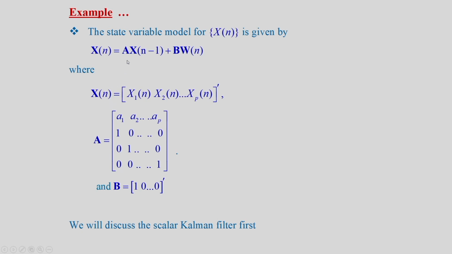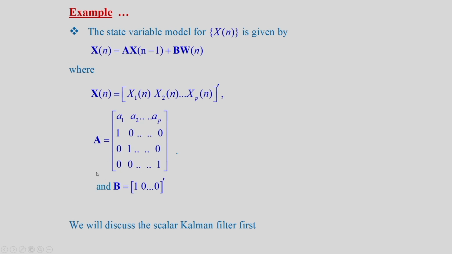And similarly, A matrix will be given by this, first row will be given by the first state, which is expressed as the linear combination of all other states, and where a1, a2 up to ap are the coefficients. And similarly, from the other representation of the states, that is x2 of n is equal to x1 of n minus 1, like that. So, this relationship we are writing by giving 1 in the corresponding position. So, that way this is the A matrix and this is the B matrix.